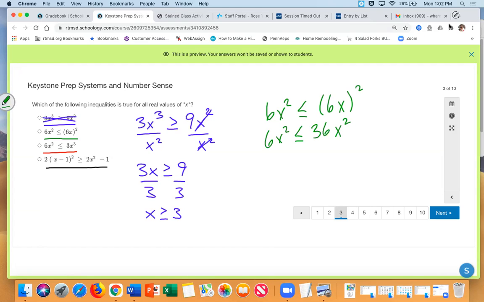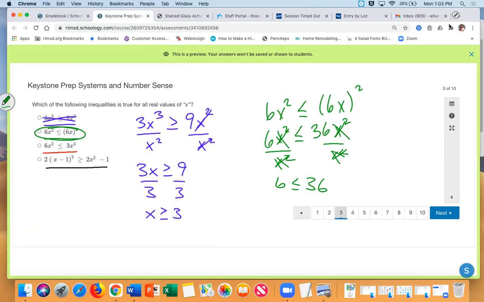Do you see I have x squared on both sides? Guess what happens when I divide by x squared? They cancel. Is that true or false, Marcus? It's true. Notice there is no x's left. There's no more x's in play, which means my answer is that one.